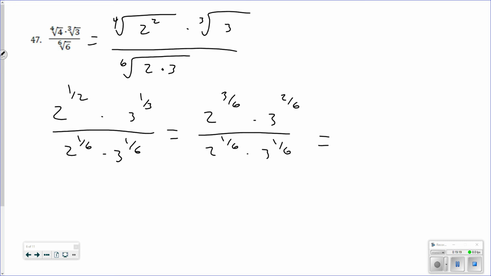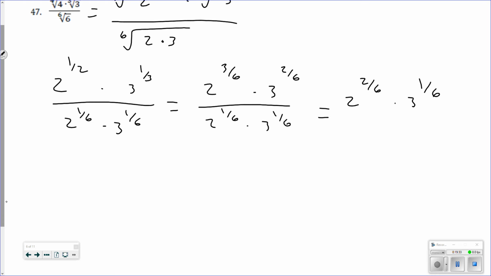Combine these. 3/6 over 1/6 reduces to 2/6. You get 3 to the 1/6. I don't want to have 2 different roots happening, so I'm going to leave 2 to the 2/6 as it is. Because I want to have it all underneath one root, which would be the 6th root of 2 squared times 3, which is the 6th root as well.